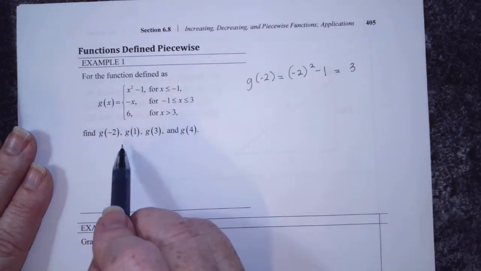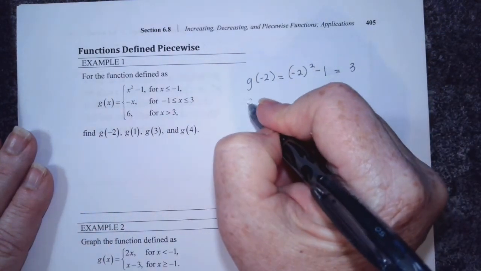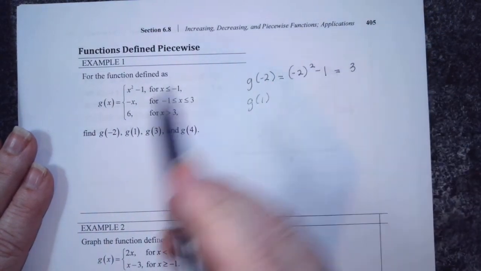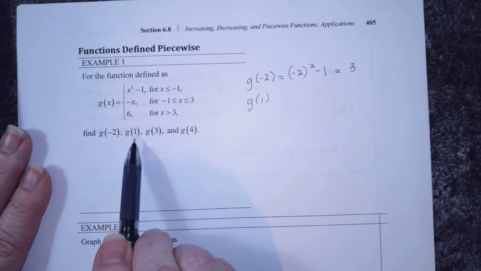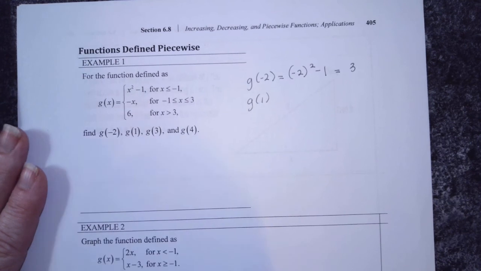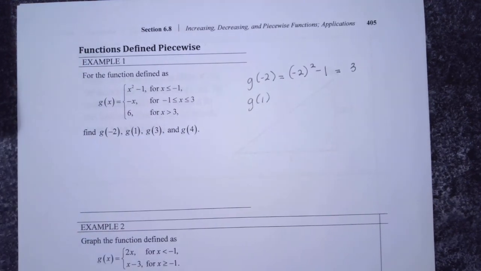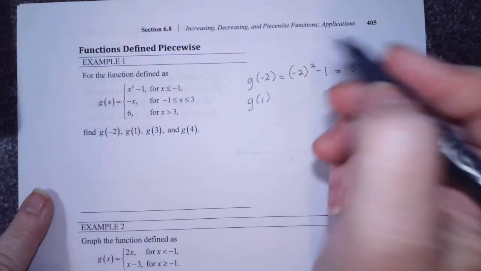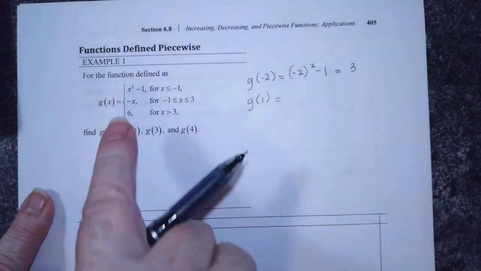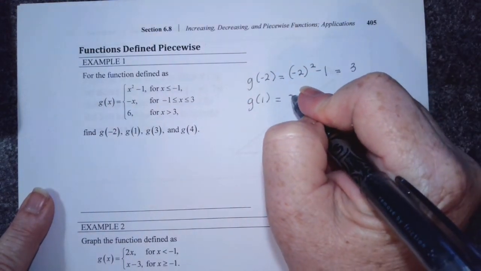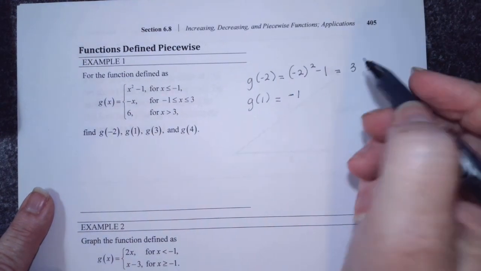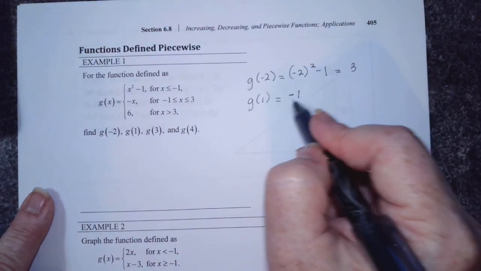What about g of 1? Is that in the first interval, the second interval, or the third interval? Where is x equals 1? It's in the second one. Good. So we would use that second formula to evaluate g of 1. Since it's just -x, it would just be -1.